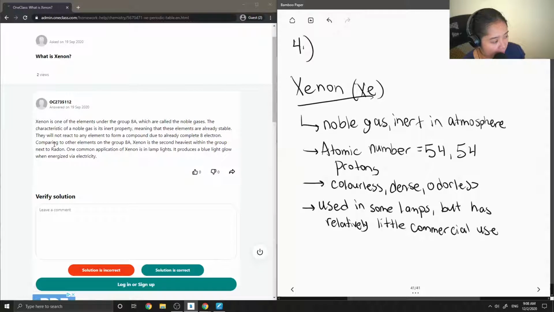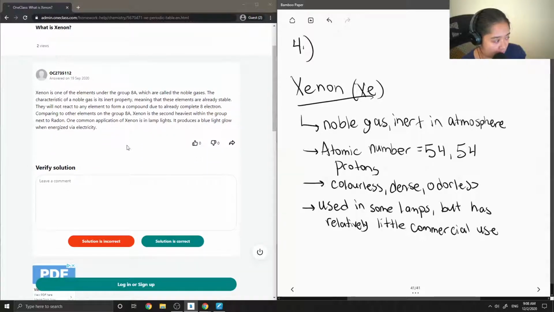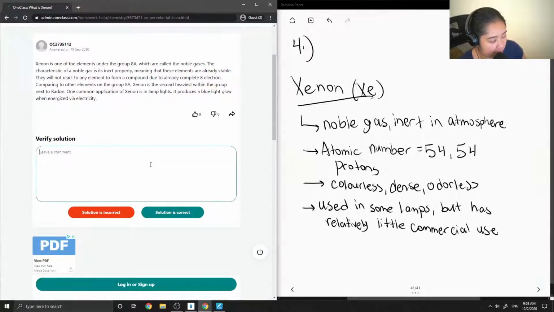Compared to other elements in group 8A, xenon is the second heaviest within the group, next to radon. One common application of xenon is in lamp lights. It produces a blue light glow when energized via electricity. Yep, so this solution is correct.